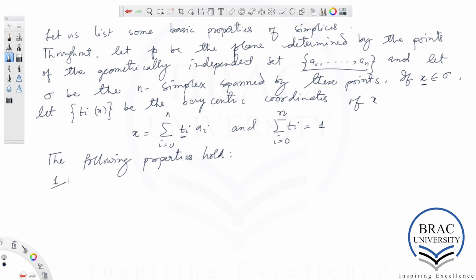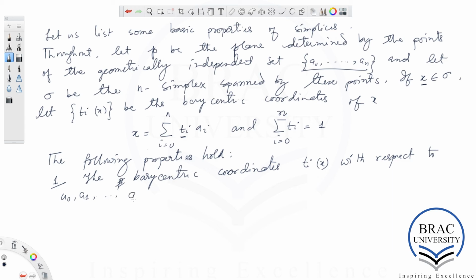Okay, so the following properties hold. One, the barycentric coordinates Ti of x with respect to A0, A1, all the way up to An are continuous functions of x.